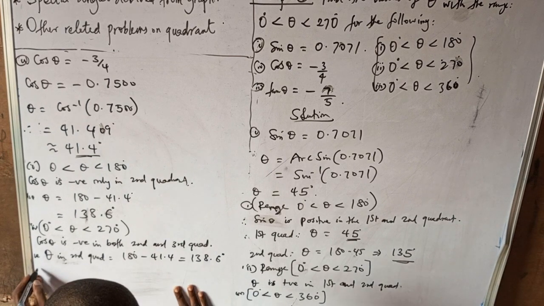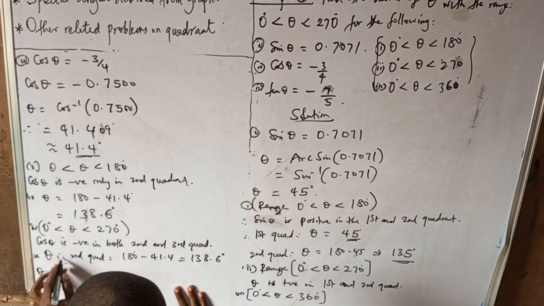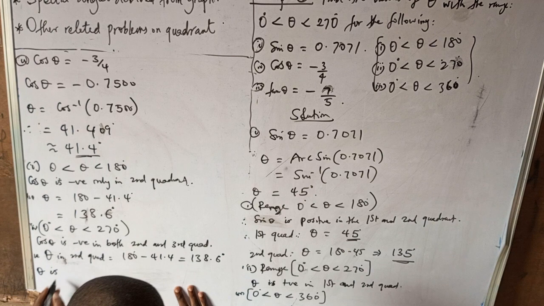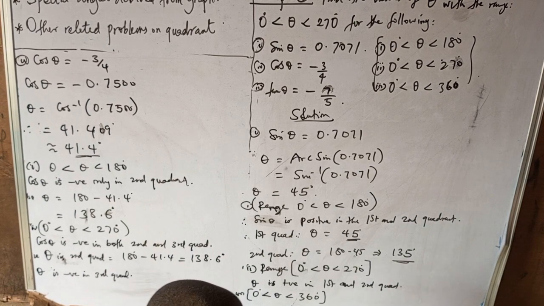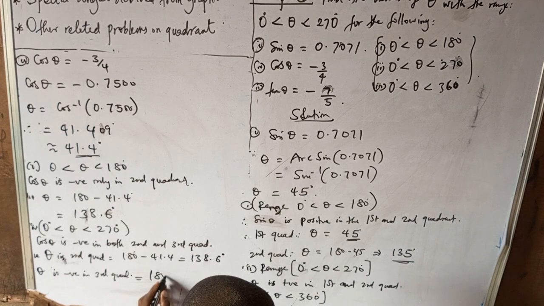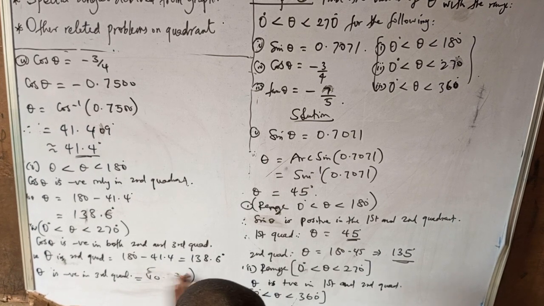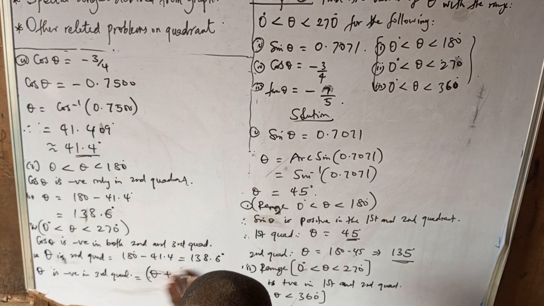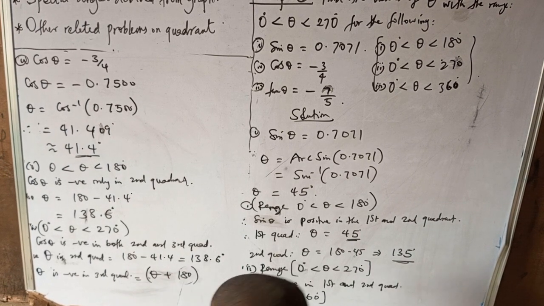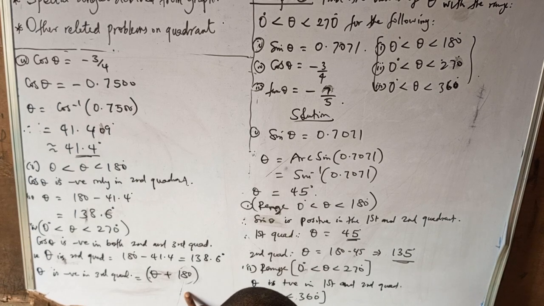Then also our theta is what now? Our cosine is negative in the third quadrant. So the value of theta in the third quadrant is going to be what? That is where you now add 180 plus theta, or theta plus 180. So this is where the formula for addition comes into play instead of subtraction.